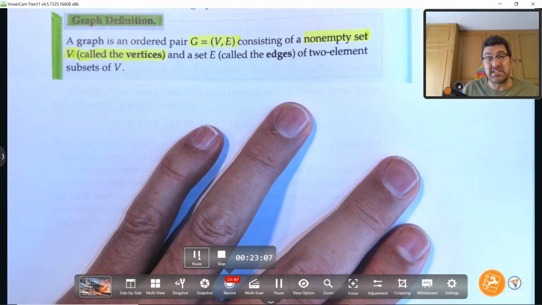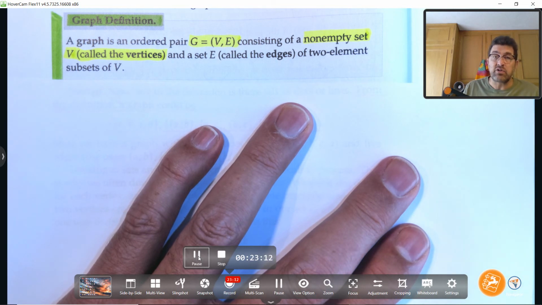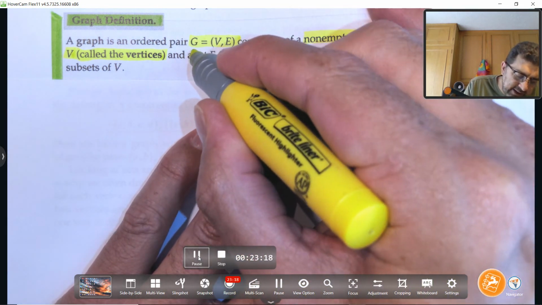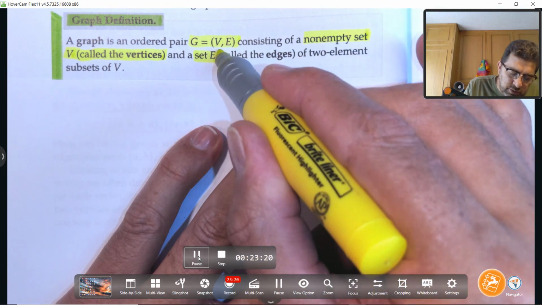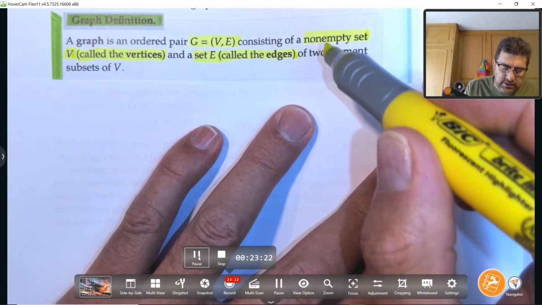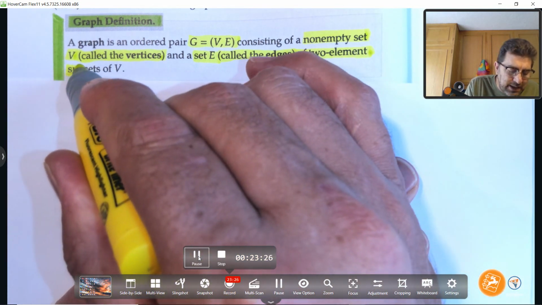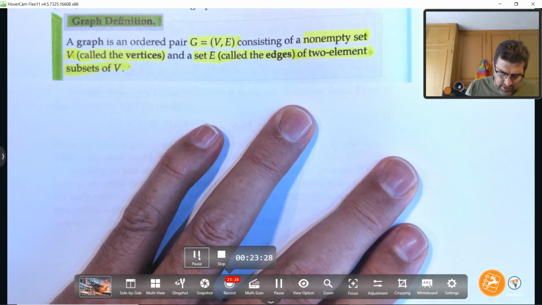What that is indeed saying to you is that you have to have some vertices to actually have a graph. You can't just have a graph without having any vertices. And a set E, a second set, which we will call the edges. And those edges are two-element subsets of V.